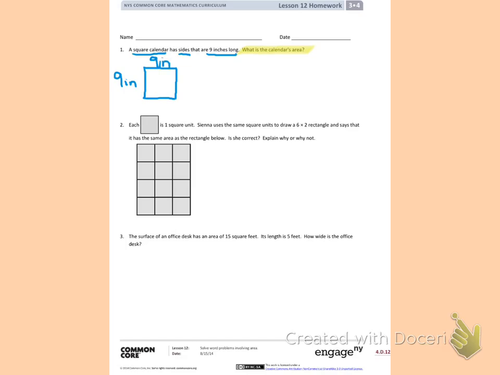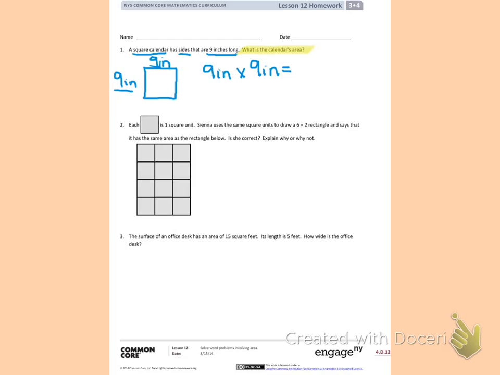In order to determine the area, we've already learned that we multiply one side length by the other side length. In this case, we'll multiply 9 inches times 9 inches. 9 times 9 is the same thing as saying 9 groups of 9, or I could count up using my skip counting method by 9s 9 times in order to get the answer.